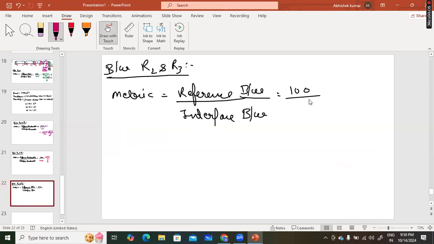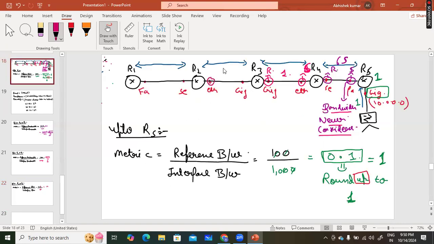Exactly. Just write down 100 upon 10. You will get the answer as 10. So the metric here is 10.